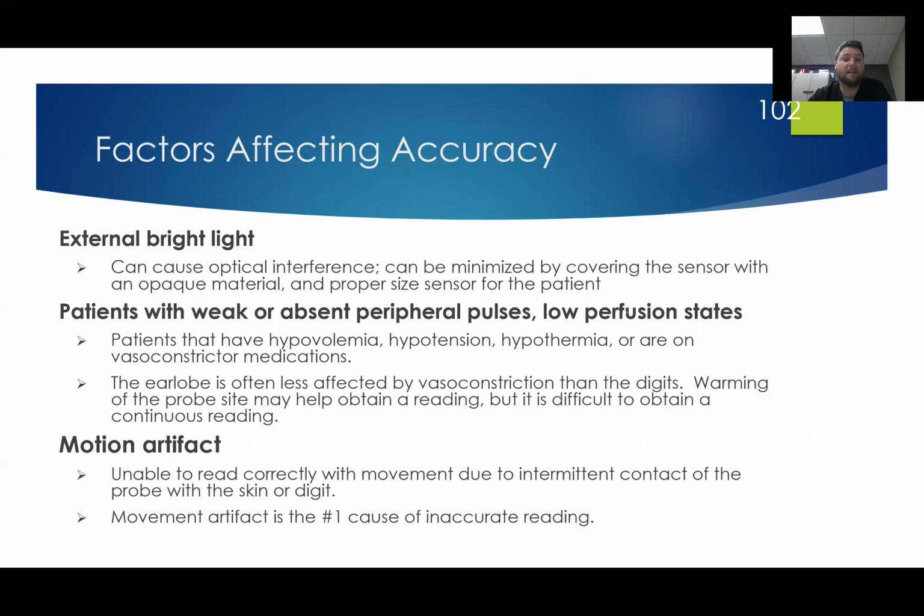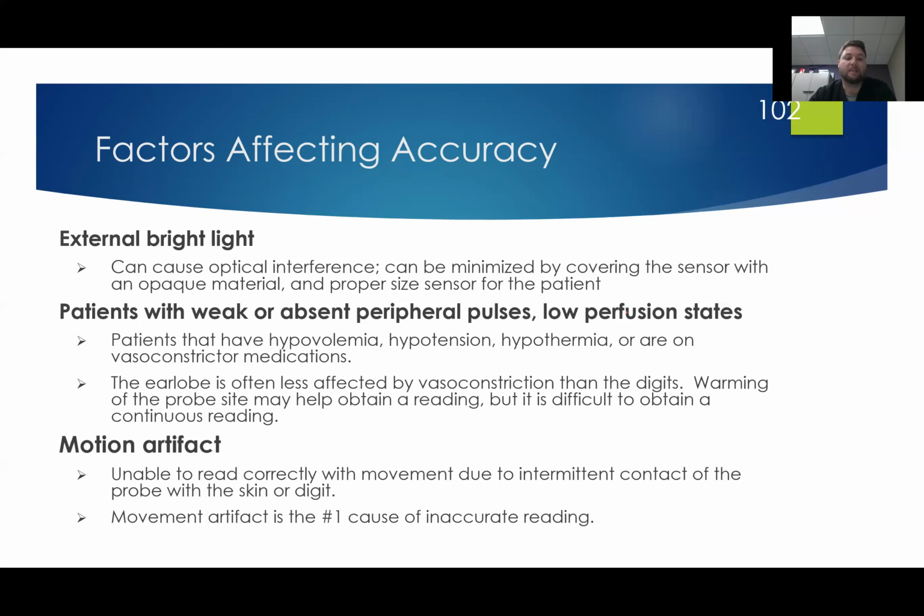There are a lot of different factors that will affect how accurate your SpO2, or your pulse oximetry, is. The first one is external bright light. If a patient is sitting by a window and a bright light is shining through the diode, it's going to mess with the red and the infrared light, and it may not give you a good reading.